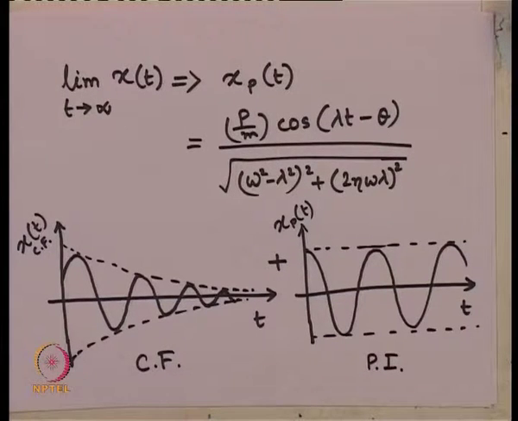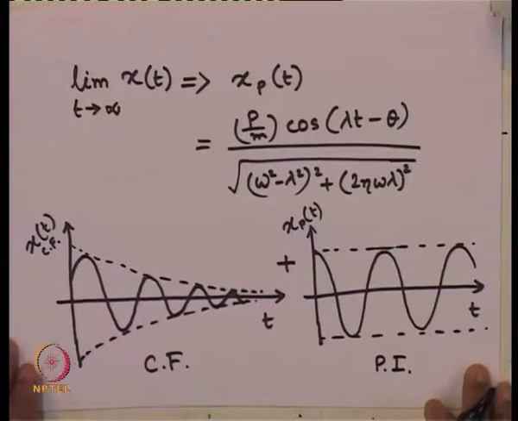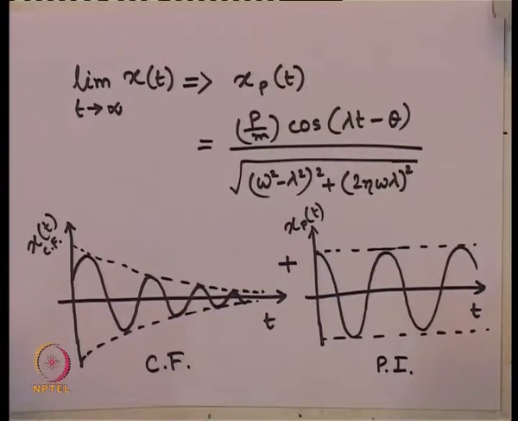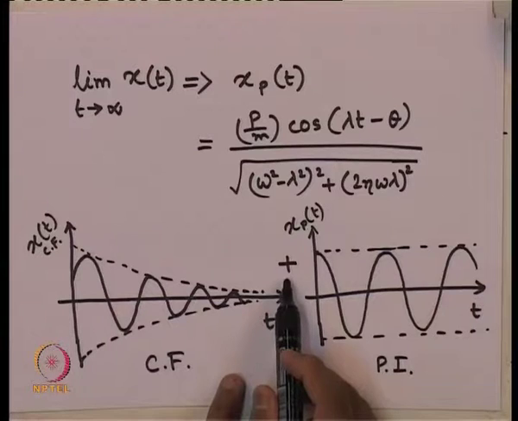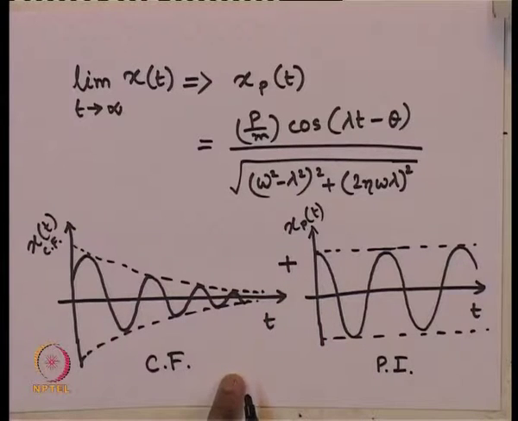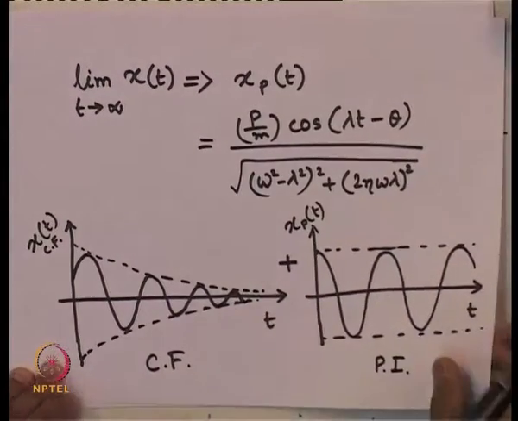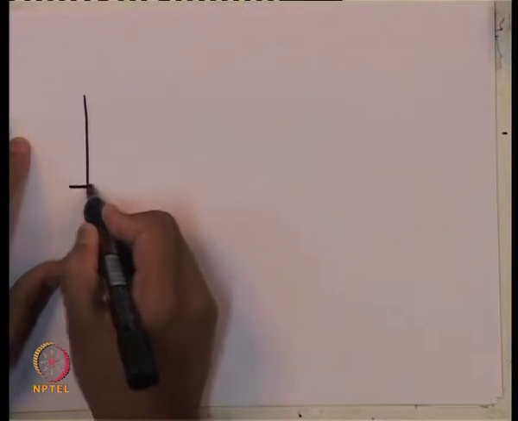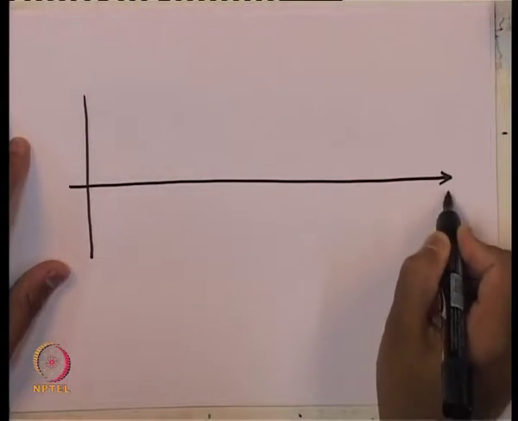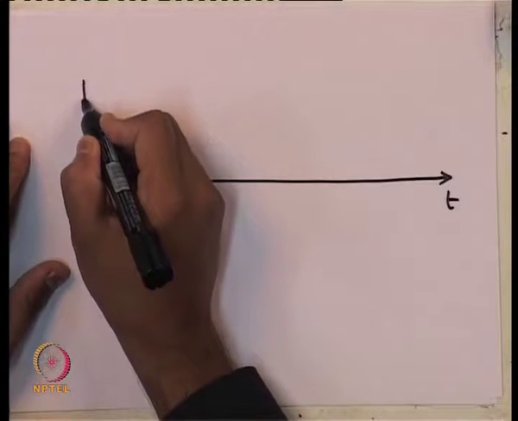So, what will be the total solution? The total solution is nothing but the combination of these two, that is why I have shown this plus sign here. How should the combined response look? Let us combine it and see. I am just showing the trend of how it should look.